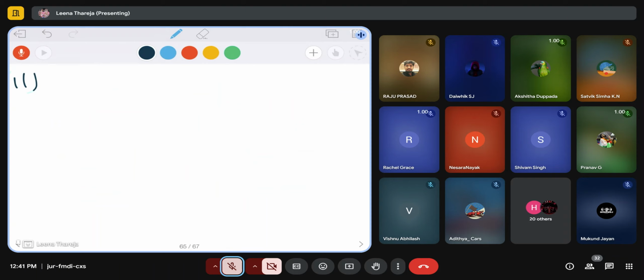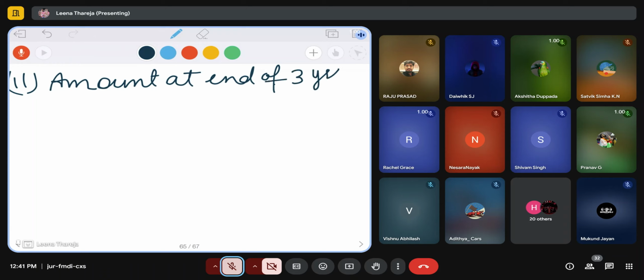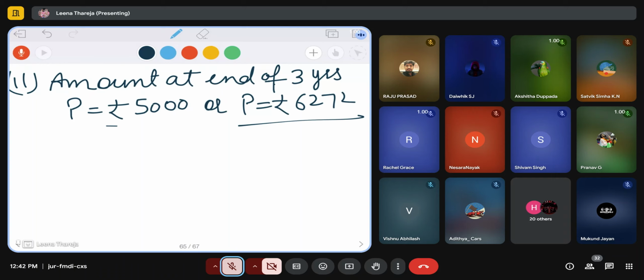Okay. So now we are going to calculate the amount at the end of 3 years, that means after 3 years. After 3 years, I can take the principal as 5,000, or if you take the principal, which one should I do, the second one or the first one?